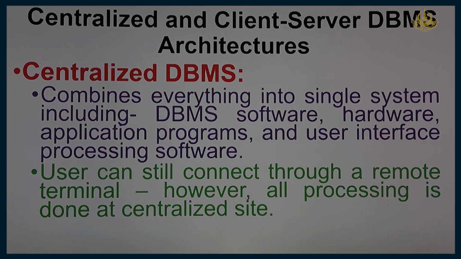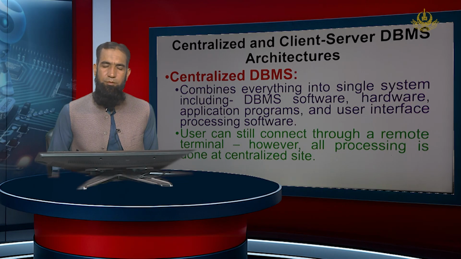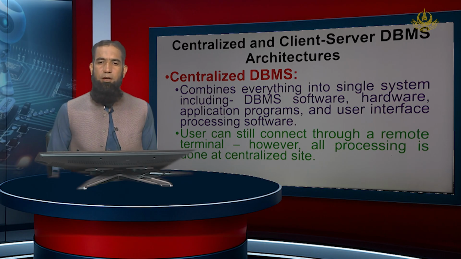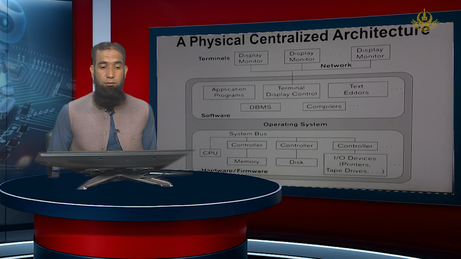Users can connect through a remote terminal. However, all processing is done at a centralized site. Site means that can be one machine or multiple machines, but from the user's point of view that's one machine. It means the user accesses one location and it shows that all these are at one place.